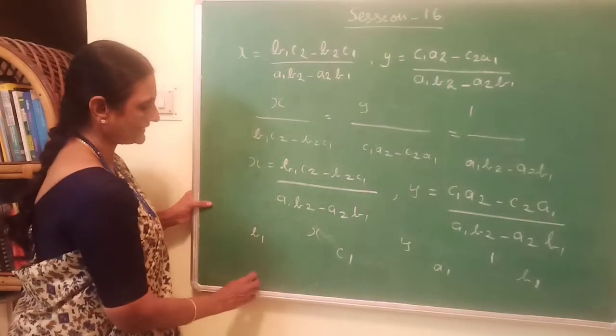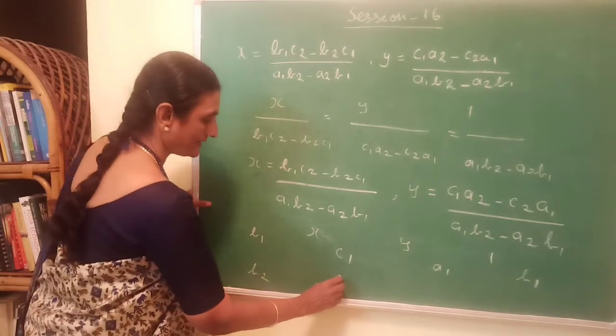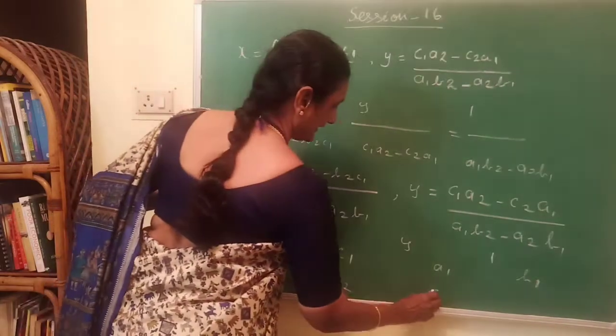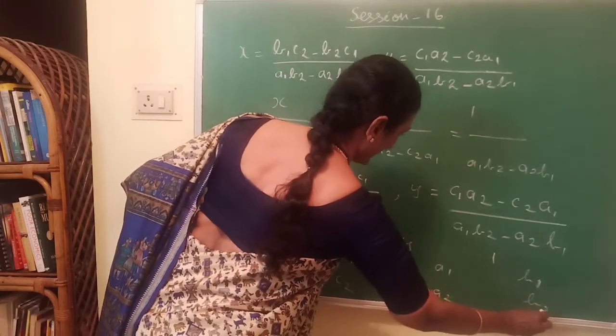Now next is b2 and here it is c2, and here a2 and here b2 again.